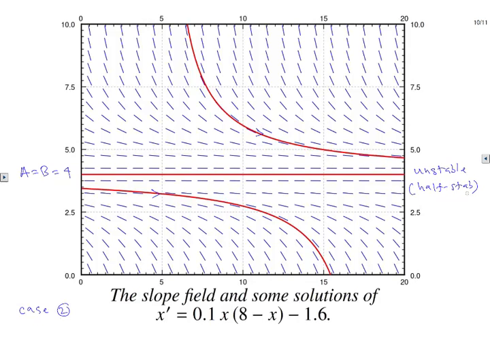Because if you start with a value more than 5 or equal to 5, it's going to converge to 5. But if you start with a value lower than 5, it's going to go away from it. This is kind of like a mechanical system, or for example a circuit. If you start with some voltage, it's going to reach a particular value.